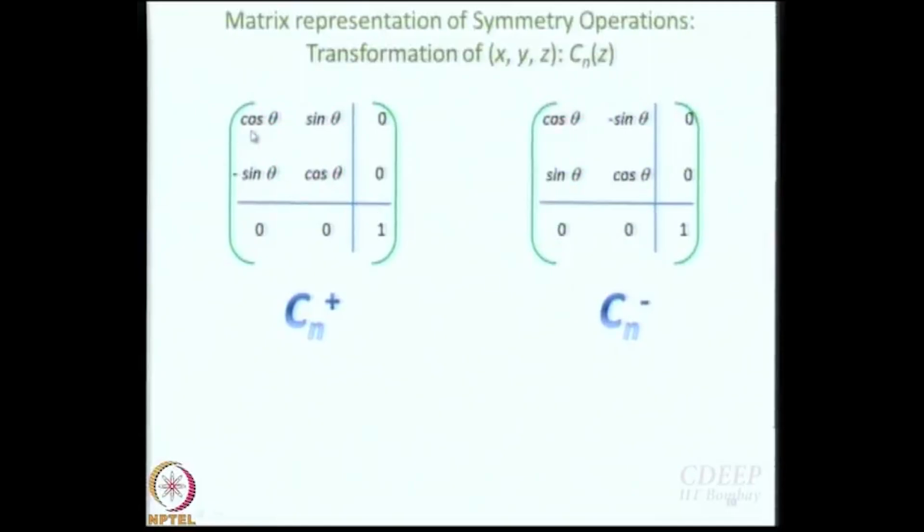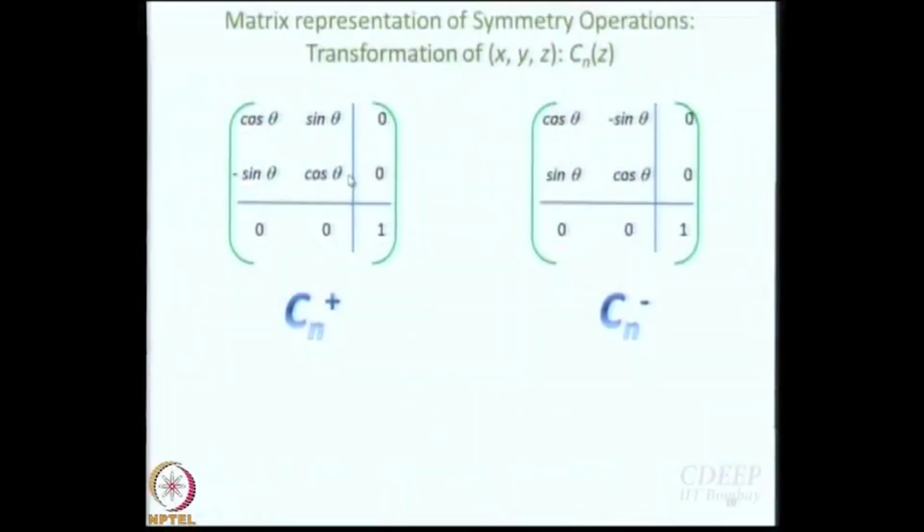So x dashed equal to cos theta x plus sin theta y, is that right? So the sin theta is the coefficient of y in x dashed. Similarly, this minus sin theta is the coefficient of x in transformed y, isn't it? What is y dashed? y dashed equal to minus sin theta x plus cos theta y, right.